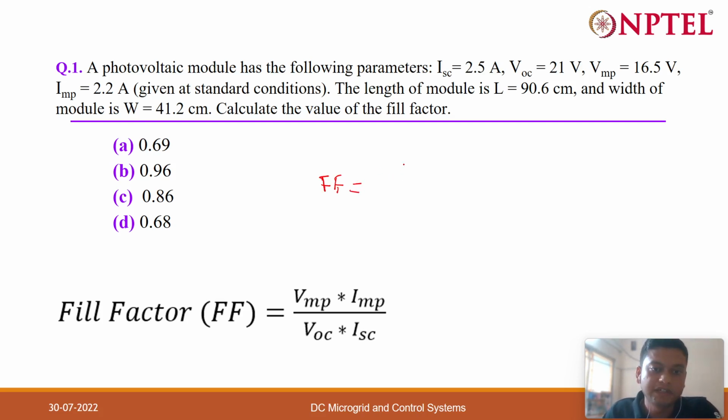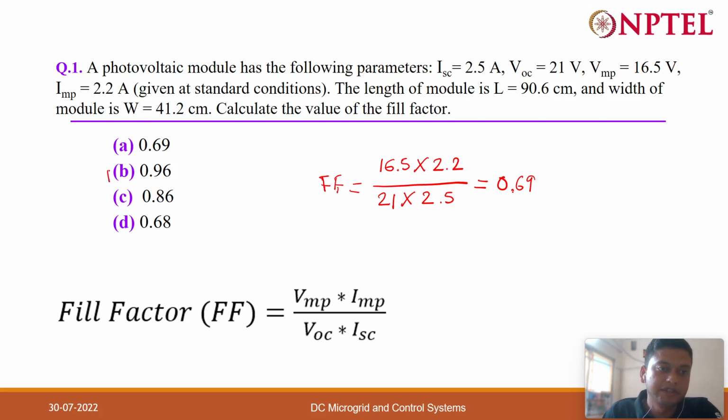So what will be the fill factor? You just put in the values: VMP, that is 16.5 volt, and IMP, that is 2.2 ampere, divided by VOC, 21 volt, and ISC, 2.5 ampere. It comes out to be 0.69. So the correct answer will be A, 0.69.